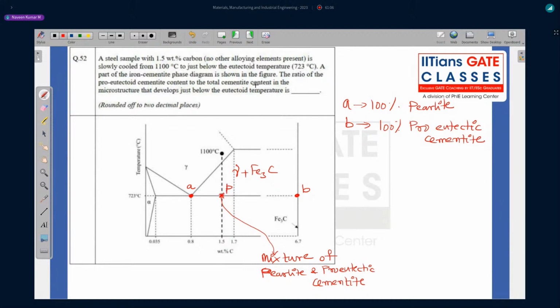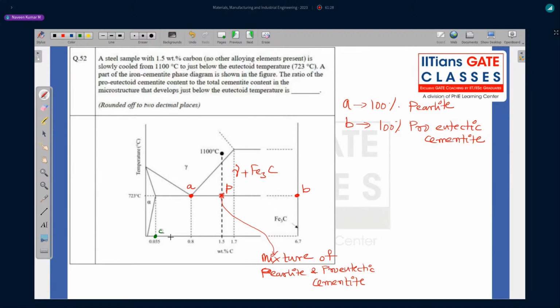Now what they're asking is the ratio of pro-eutectoid cementite content to the total cementite content in the microstructure. So the pro-eutectoid cementite is between A and B, and total cementite is between these two points. Here, I'll write it in a different color. This is your basic ferrite, 0.